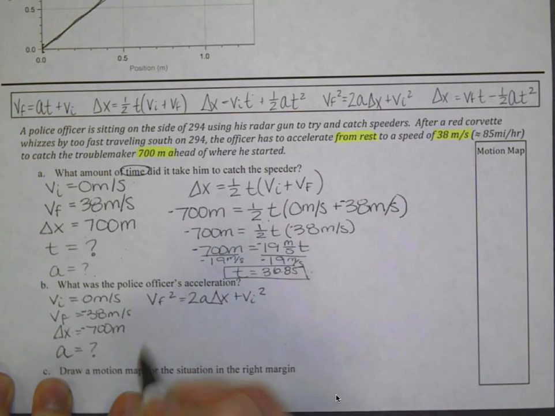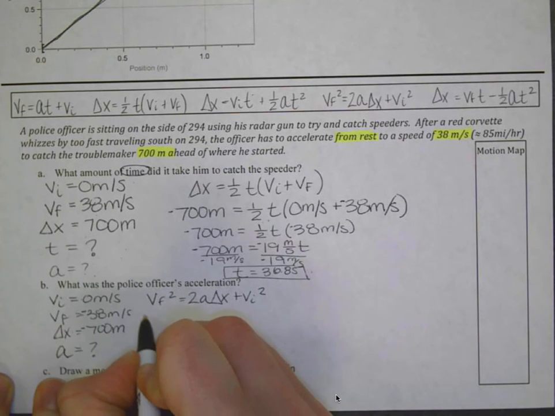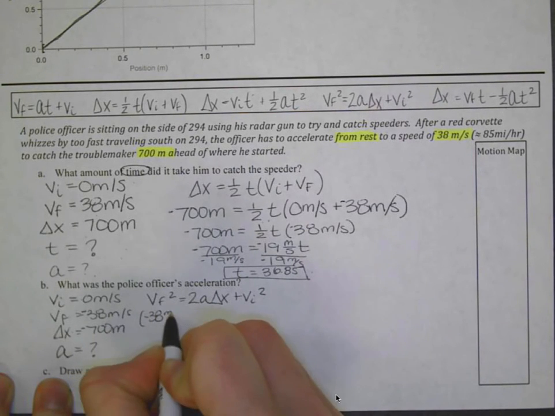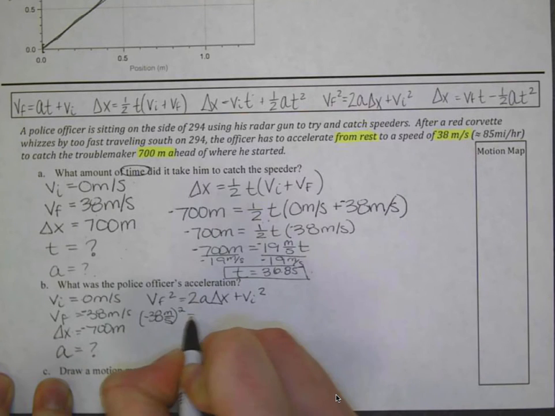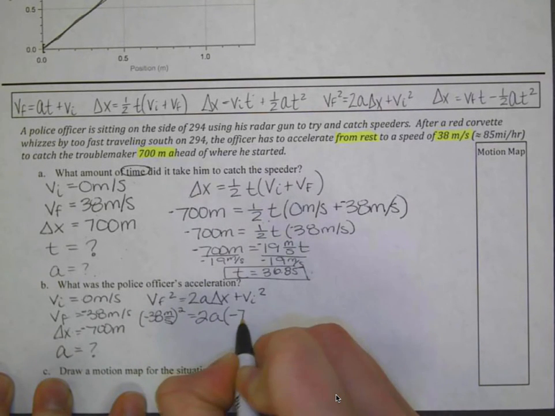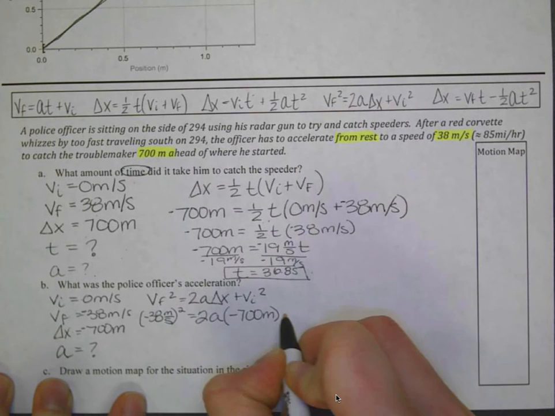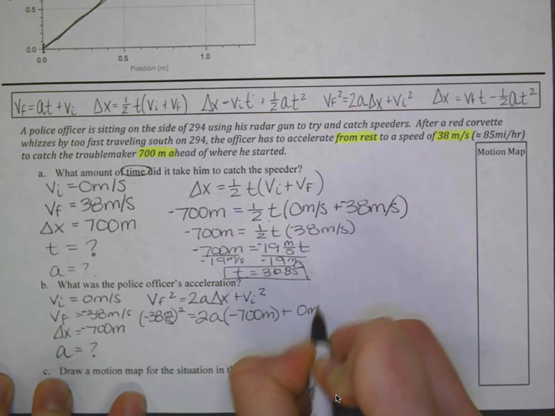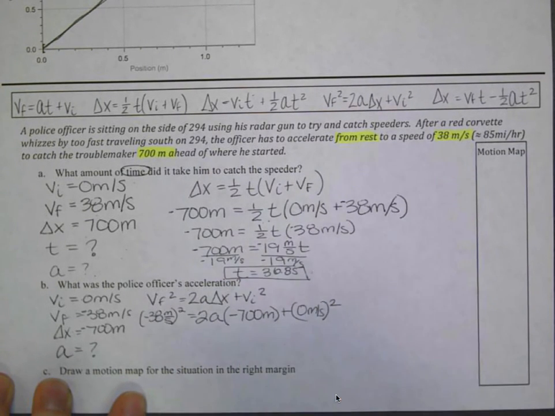Plug in our variables. So for VF, we have negative 38 meters per second, squared, is equal to 2 times a, which is what we're solving for, times negative 700 meters, plus an initial velocity of 0 meters per second squared.